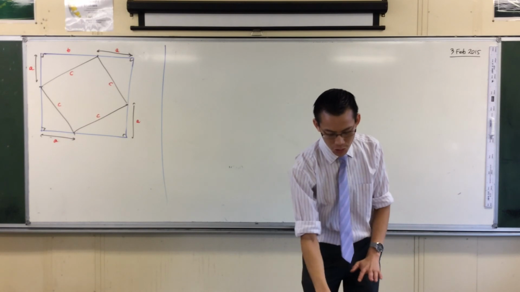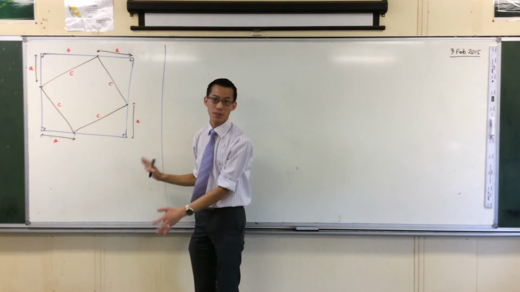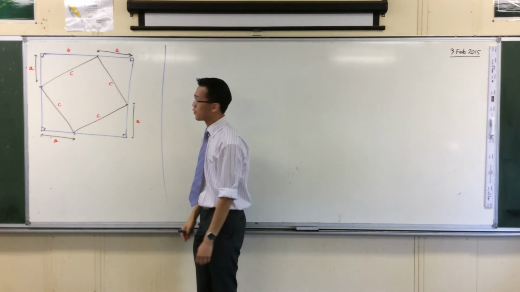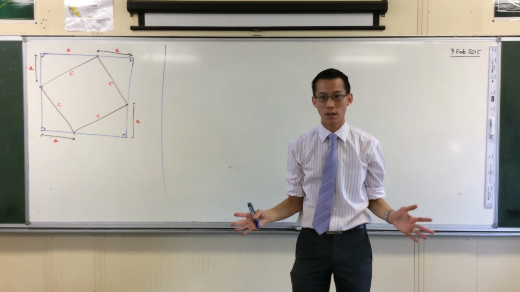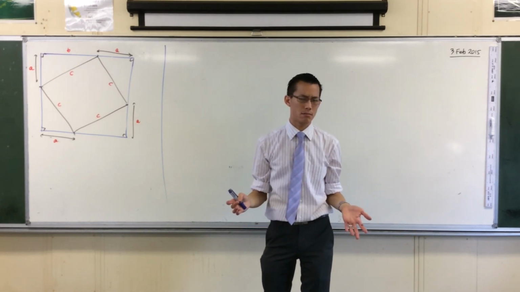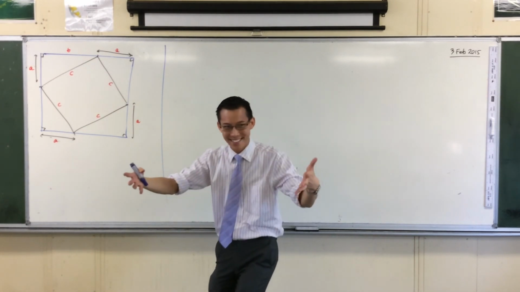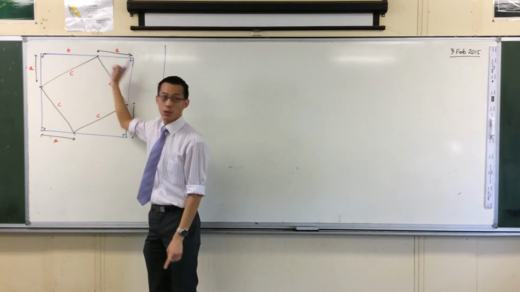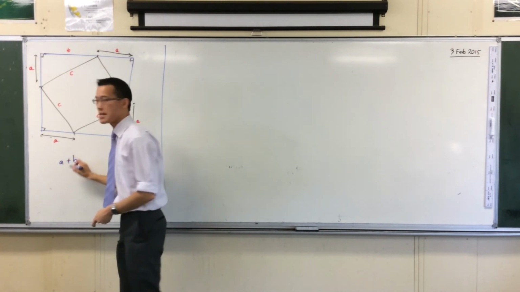Okay? So now, what am I trying to do? I'm trying to get some relationships between all of these different shapes together. So for instance, have a look at the big square, the big blue square that we started with. It's a square. How long are each of the sides? 15. Now, everyone's got a different number, but according to how I've labeled them, every side is A plus B. Can you see that?